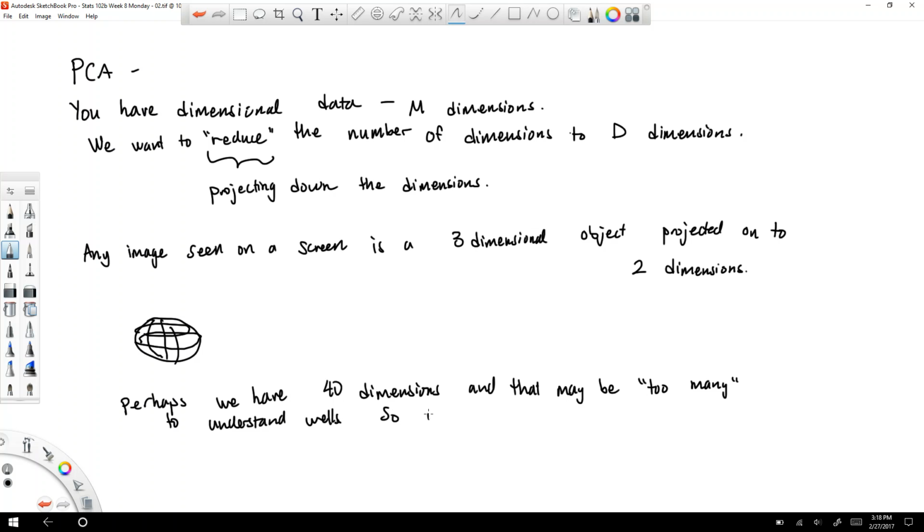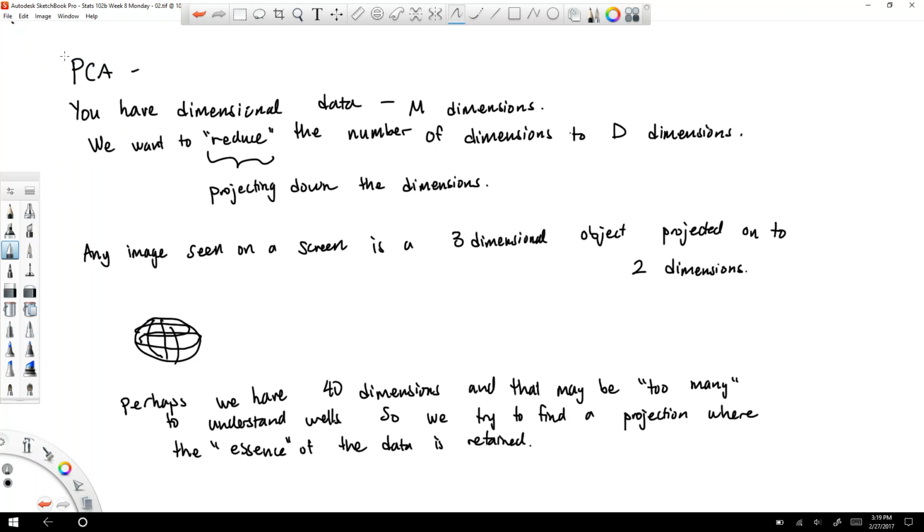So we try to find a projection where kind of the, quote, essence of the data is retained.